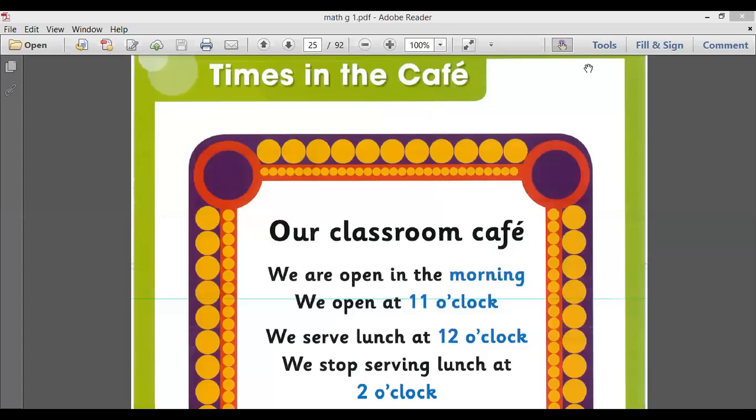So if you remember, in our previous lesson, we discussed the cafe. Today, our topic is times in the cafe. Today, we are learning which time the cafe is open to serve.